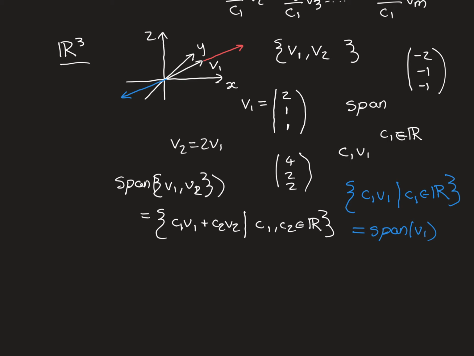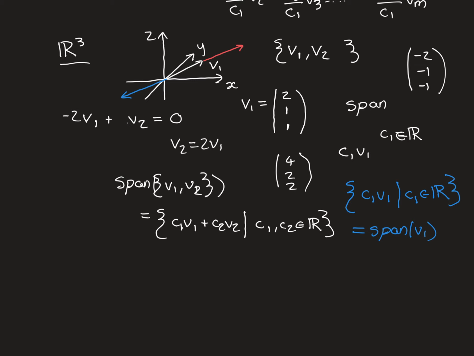And of course, we could then find a non-trivial linear combination of v1 and v2 that makes the 0 vector. So if I, for instance, looked at negative 2 times v1 plus 1 times v2, that will give the 0 vector, because v2 is this vector, and then minus 2 times v1 is this vector going backwards, and will give you the 0 vector.